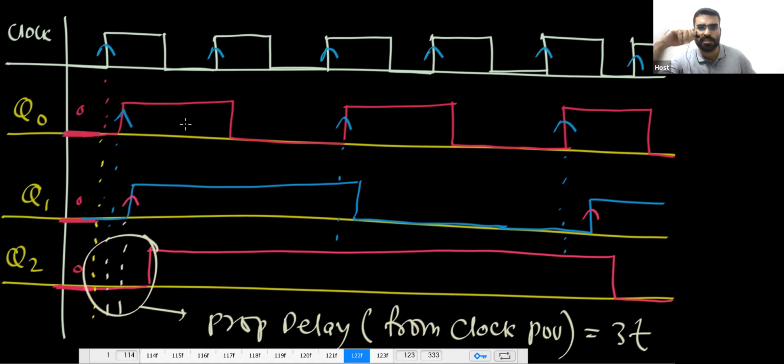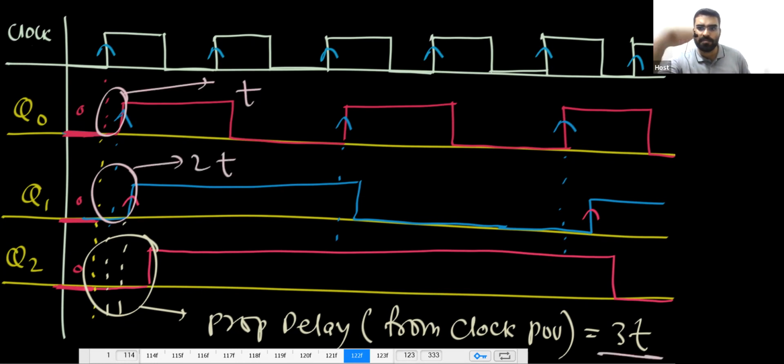Is it clear? Here you have T, here double T, and here triple T. So the propagation delay is increasing.